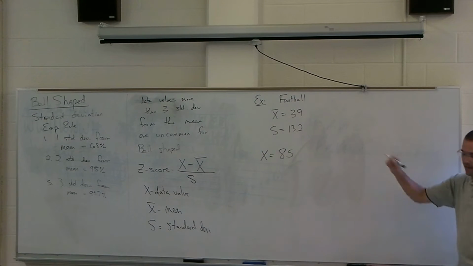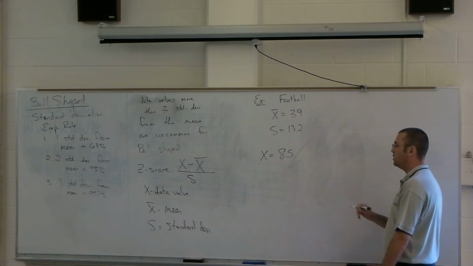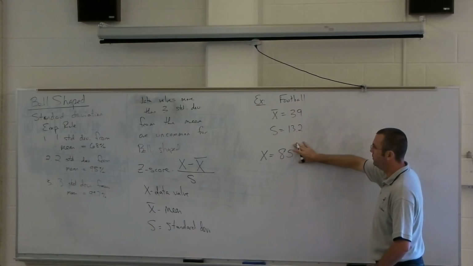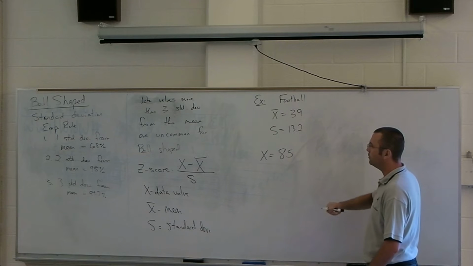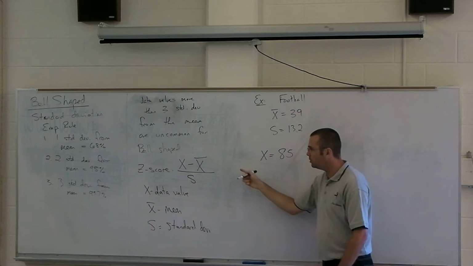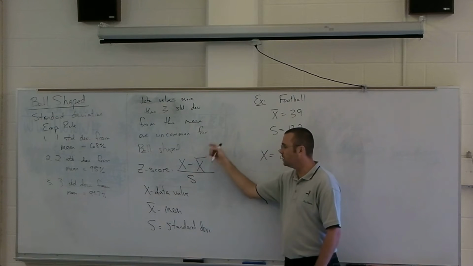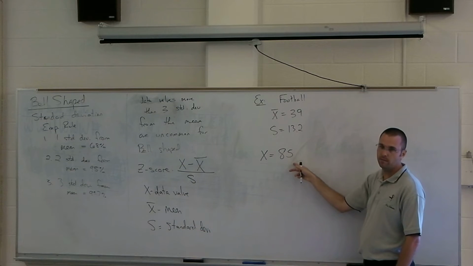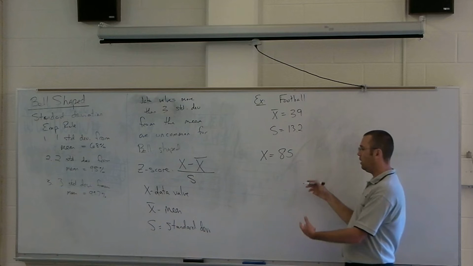There was one team in the football conference that had 85 touchdowns. Now, how many standard deviations away from the mean is that 85? Well, to calculate that, that's what this z-score is doing. It's telling us how many standard deviations from the mean this particular value would be.